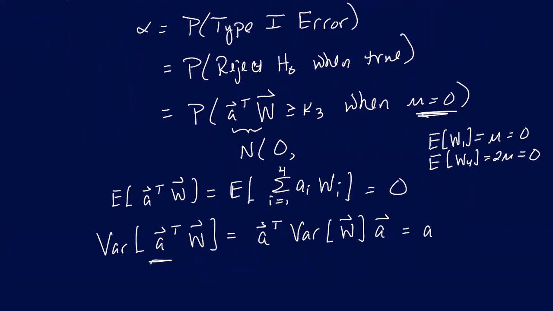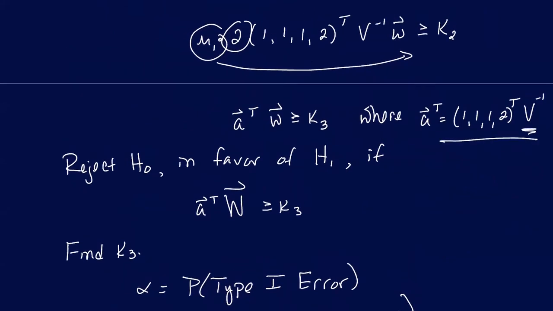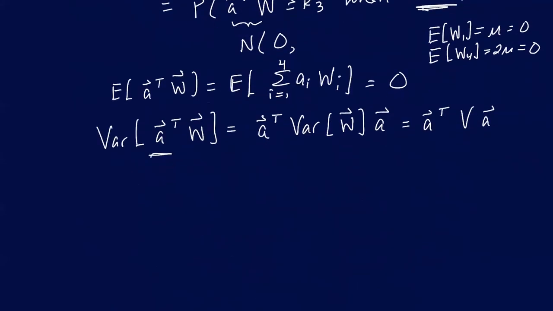And this is A transpose V A. And what was my A? My A transpose looks like this. So A transpose is 1, 1, 1, 2, transpose V inverse, and then we get the V, and then this part, which I'm going to write as A again.